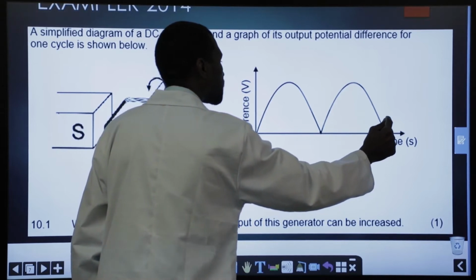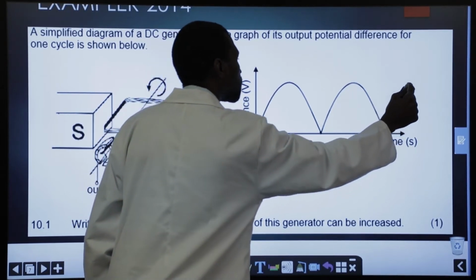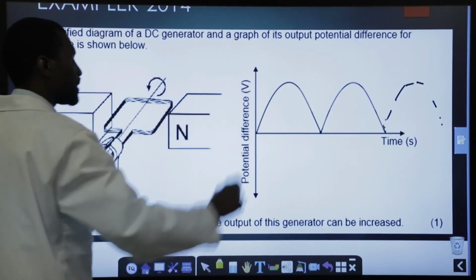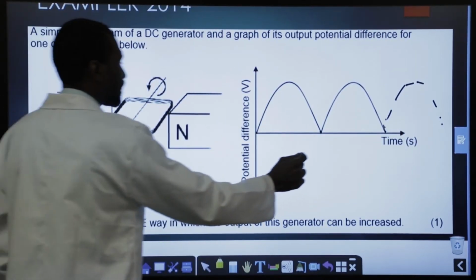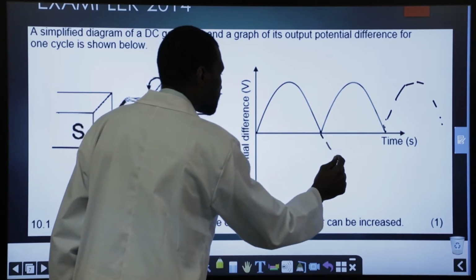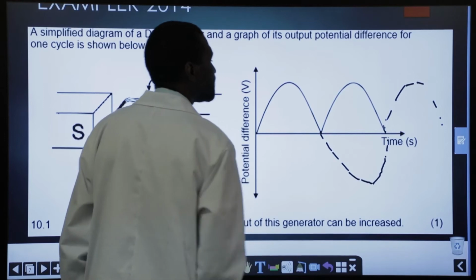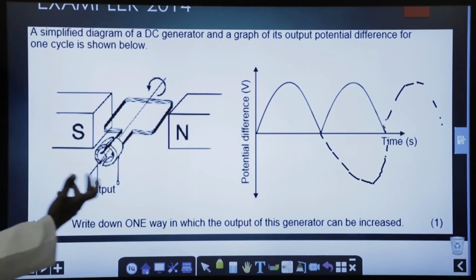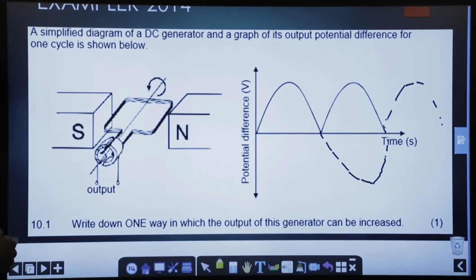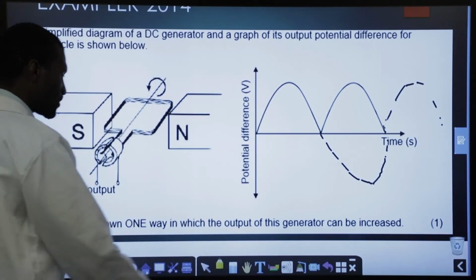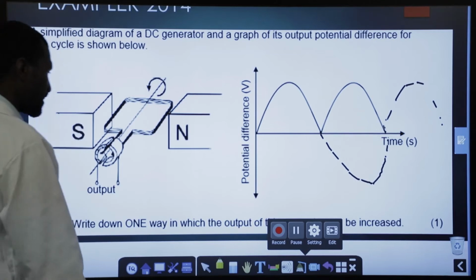It doesn't come down in the negative. The one that comes down in the negative will obviously be for the AC current. So it's only the AC current that will go down into the negative.